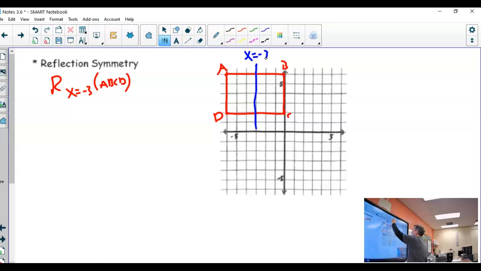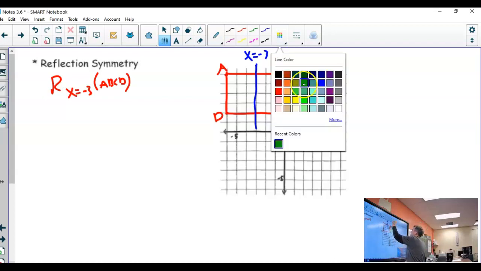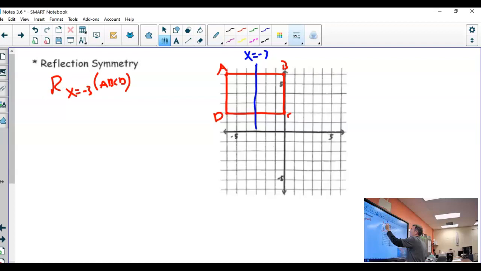I hope what you see is that point A would end up over here. This would be A prime. And point B, 1, 2, 3, would end up here. This would be B prime. And C would move over to D, and D would move over to C, and I would end up with the same rectangle.